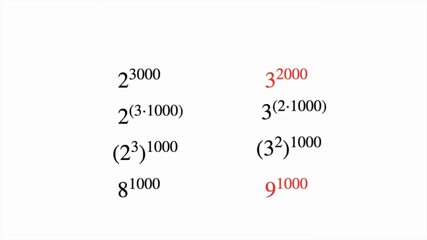Oftentimes, when we encounter something we don't know how to do, it really helps to follow these steps here. First, experiment. Play around with it a little bit just to see what's going on. Then, through your experimentation, analyze what those difficulties really are. And then finally, think about ways to eliminate those difficulties and simplify the problem.